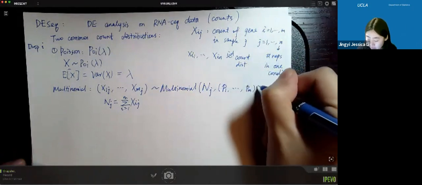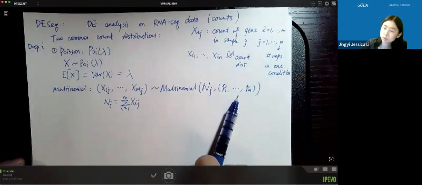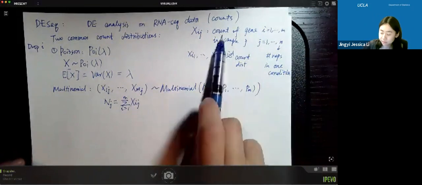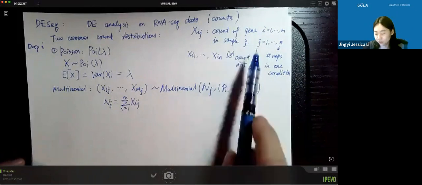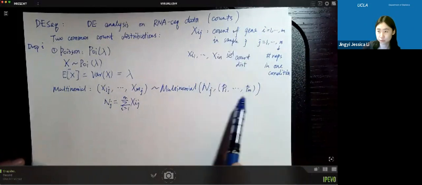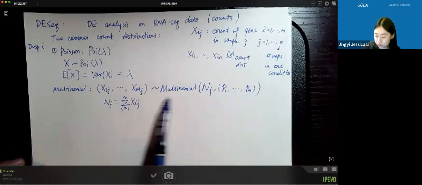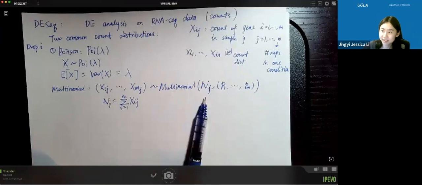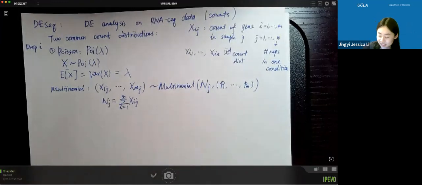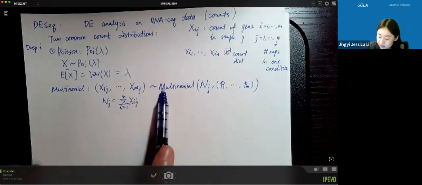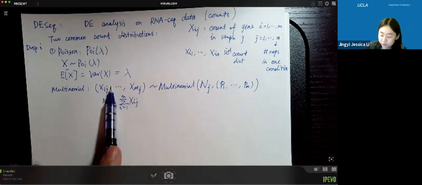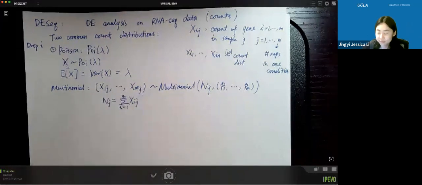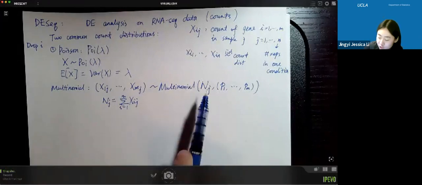I assume that the proportions are not sample specific, but depend only on the gene. Because these samples are considered replicates, I can assume that they share the same proportion vector. If we do that, then you can play with this in R if you're interested. If I randomly sample, I can get some numbers for the n genes, and if I repeat it, the count numbers will change slightly, depending on nj and pi.